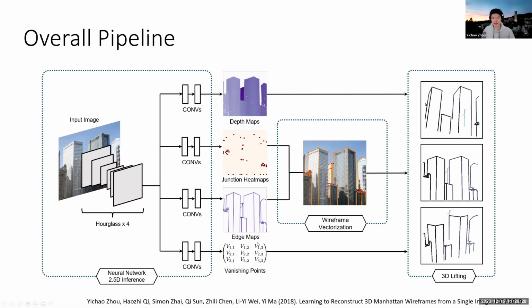Of course, you can get the vanishing point from other approaches. Then, from the junction heat map and the edge map, we vectorize the lines from the heat maps. Then we use the depth map and the vanishing point to lift the wireframe into a regular 3D representation.